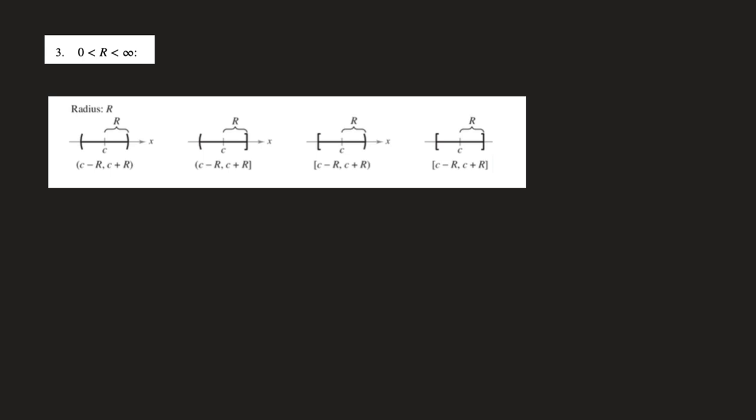The tricky one is when the radius of convergence is between 0 and infinity. Guys, I'm going to give you a number line here. Here is the center C. The radius of convergence is going to be here, a distance R from the center. This one is R. This one is R. We say this makes the series converge.